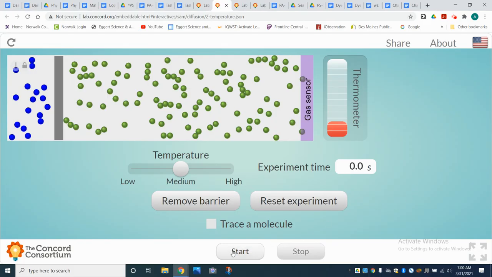So for medium temperature versus high temperature, what do you think the outcome is going to be? Do you suppose high temperature will be faster, slower, or the same diffusion rate as at medium temperature? Remember, it seems like there's a connection between particle speed and temperature at this point, noted from the dye demo in class and these simulations.